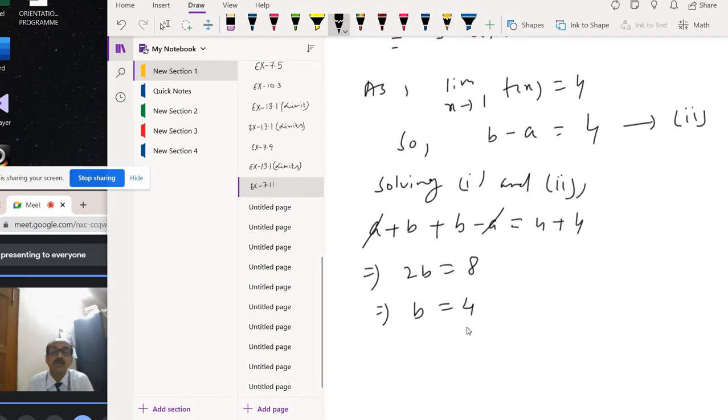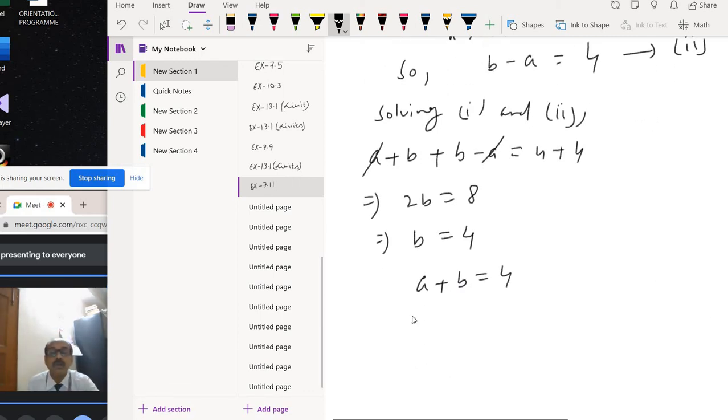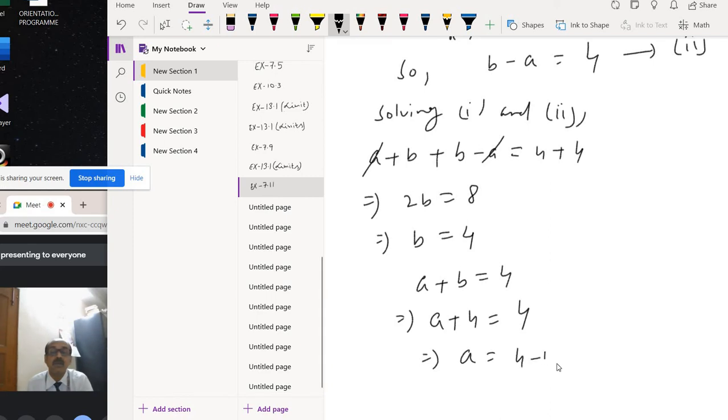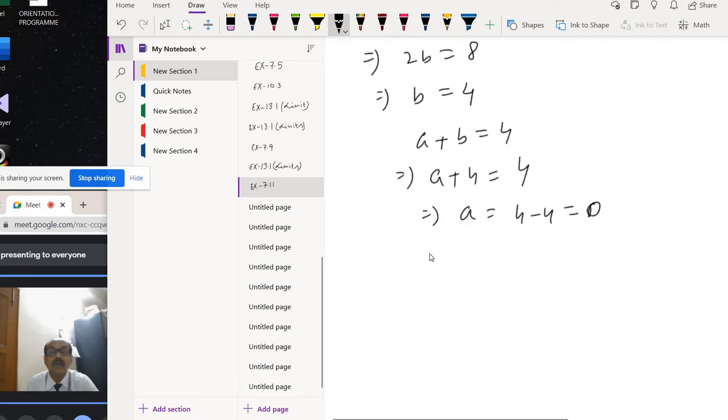And a is equal to 4 minus b, so 4 minus 4 is equal to 0. Therefore a equal to 0 and b equal to 4. This is the answer.